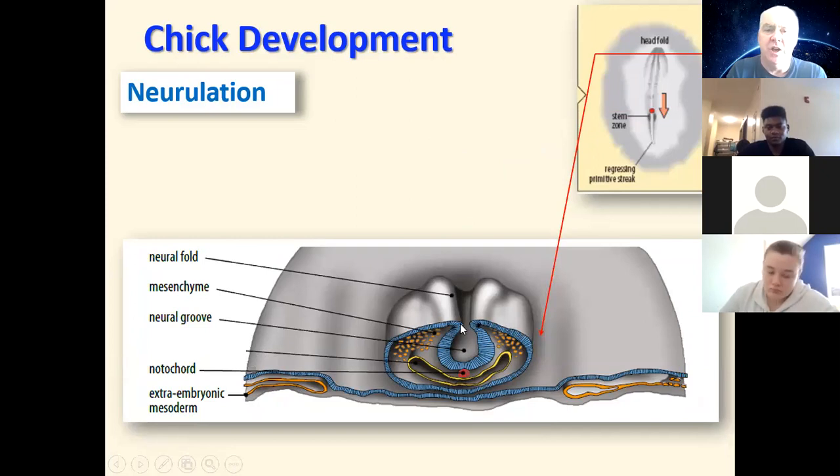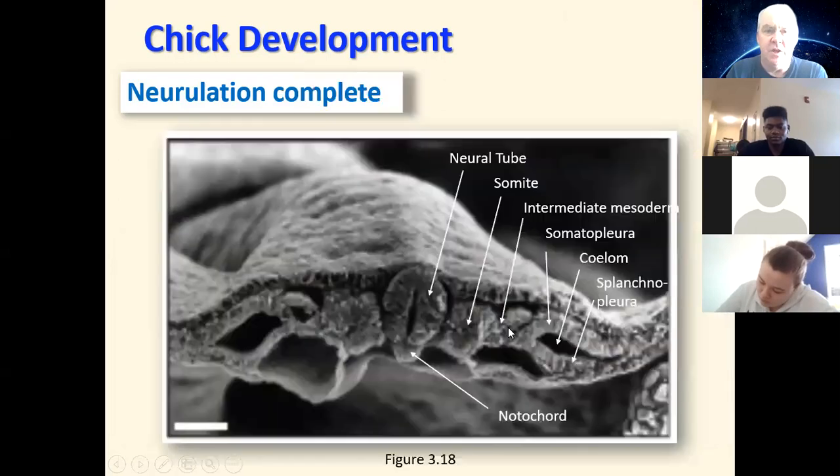And once they close, the neural crest cells will move out of there and go on their merry way. So in the end, you have your neural tube, epidermis across the top of everything. Okay, that was ectoderm, now it's epidermis. You've got your neural tube, your notochord here, somite to the left, somite to the right.